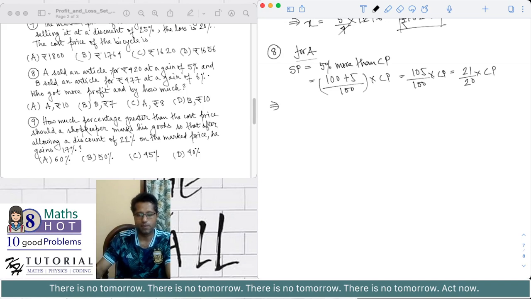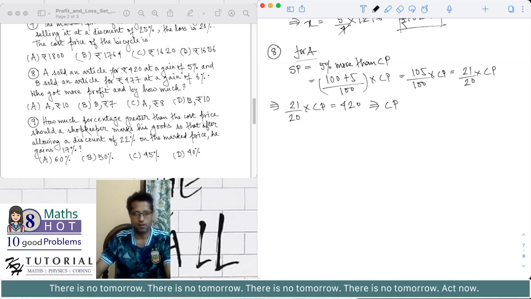This implies that A sold the article for rupees 420. So we can say 21 by 20 multiplied by CP is equal to 420. This implies CP, that is the cost price at which A purchased the article, is equal to 20 by 21 multiplied by 420. This is equal to 400.